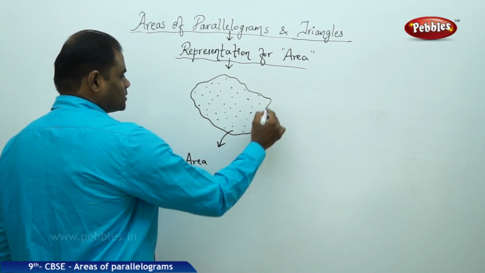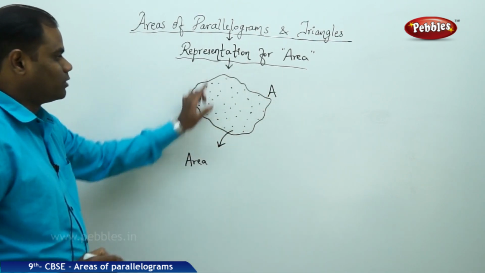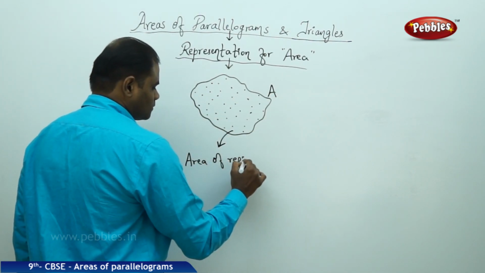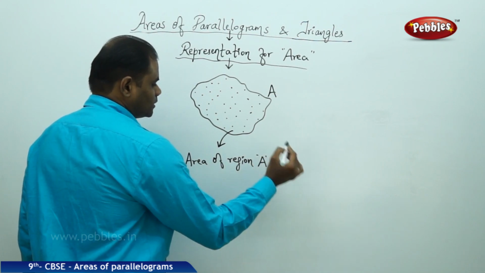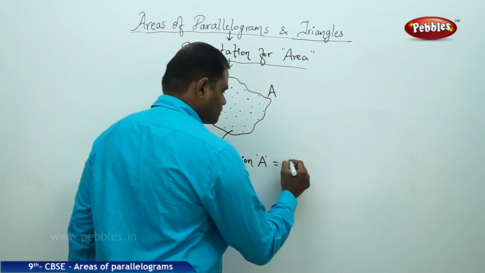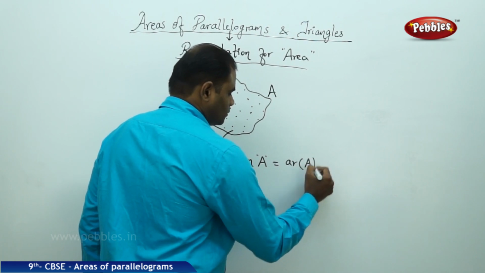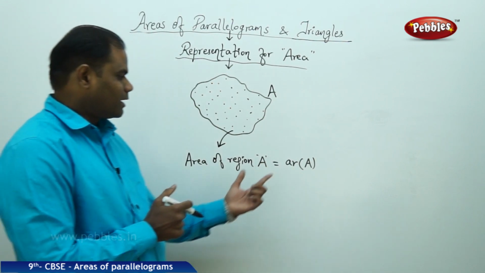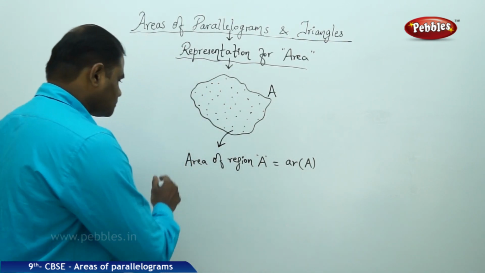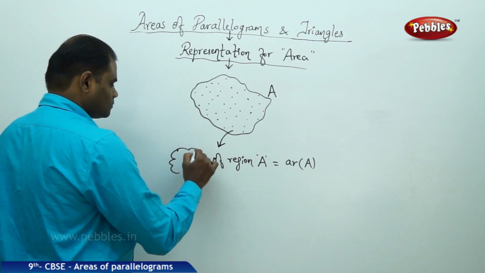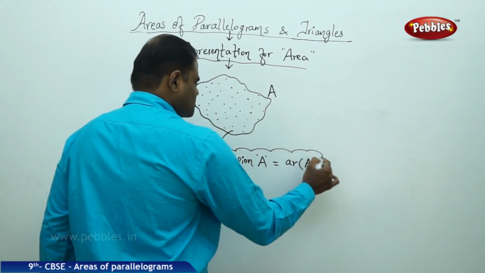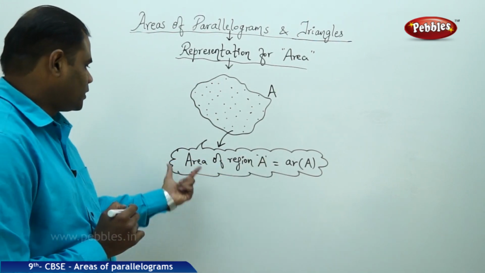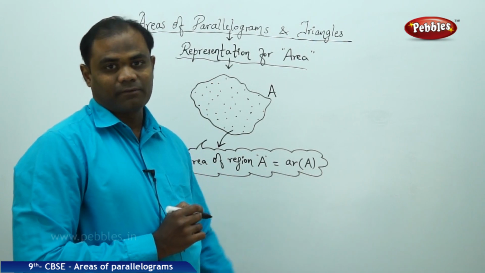If this whole region is represented by A, then the area of region A is denoted by area of A, or AR of A. So simply when I write AR of A, that implies it is the symbol or representation for the area of A. So the area of region A is denoted by AR of A.